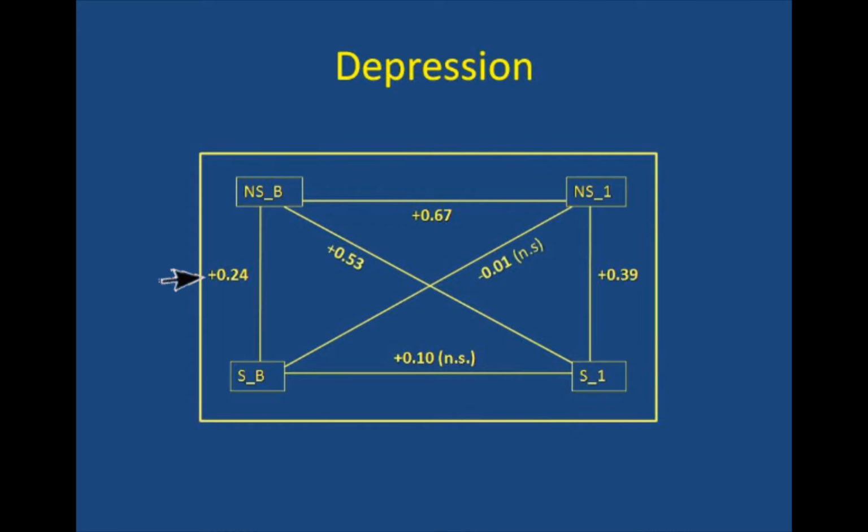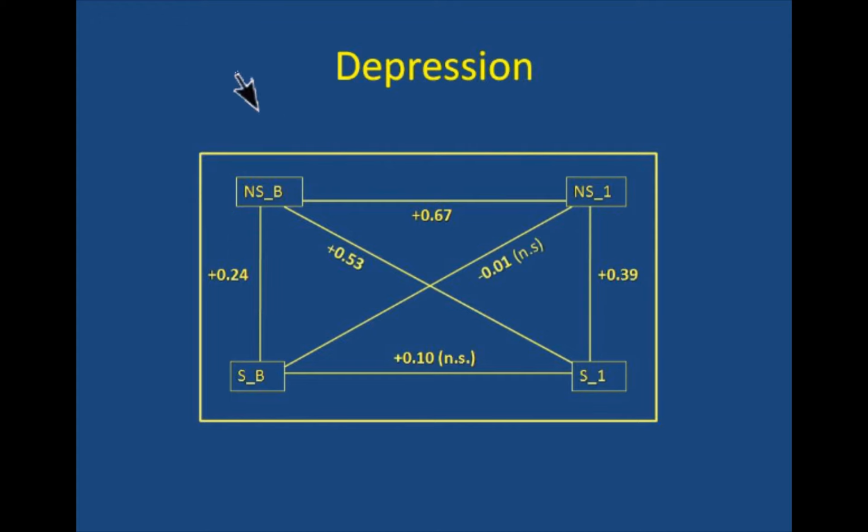Then if you look at the horizontal line from the upper left-hand corner, the non-somatic items at baseline with non-somatic items at 1 year follow-up, the correlation is rather high, 0.67. This indicates that non-somatic or affective items at baseline are very predictive of the similar items at 1 year follow-up.